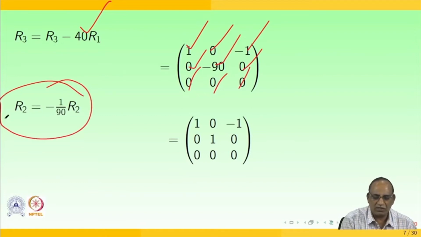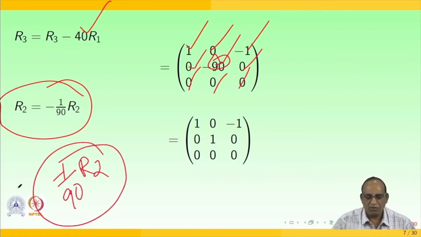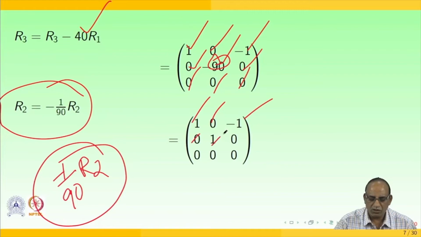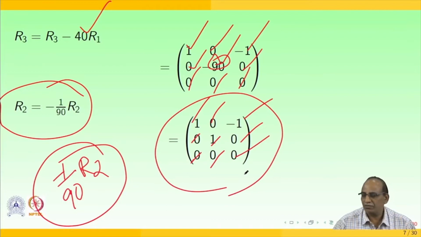Again I do this because I wanted to make this entry a 1, so minus 1 by 90 times R2. That takes the form 1, 0, minus 1, 0, 1, 0, 0, 0, 0.